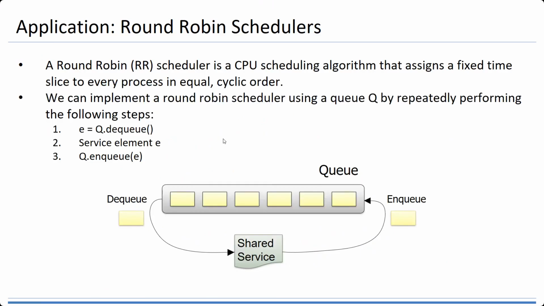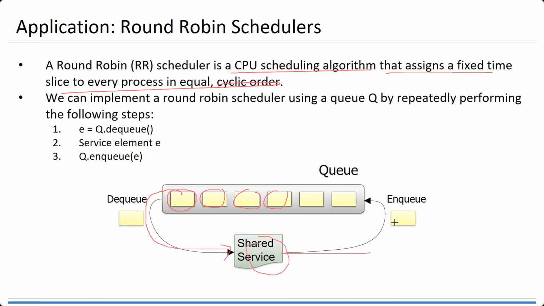In round robin, there is another kind of algorithm. They call it round robin schedulers. So round robin scheduler is a kind of scheduling algorithm that assigns a fixed time slice to every process in equal cyclic order. So if you have operations here, you will dequeue, and then go to the shared service.